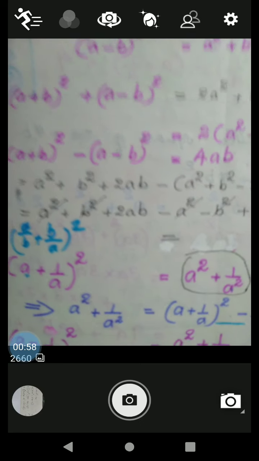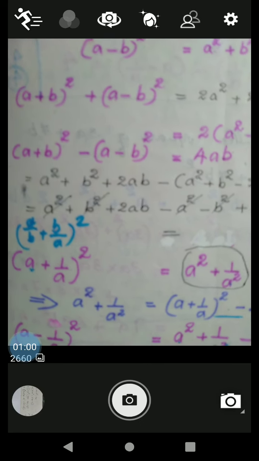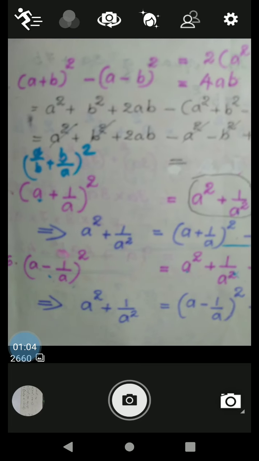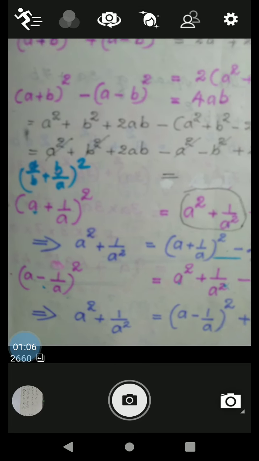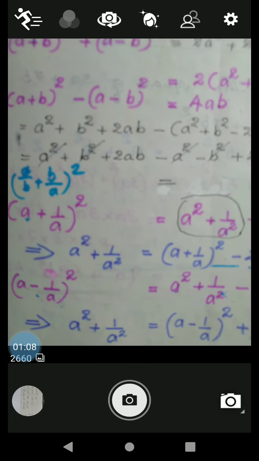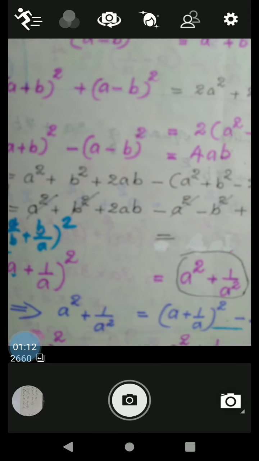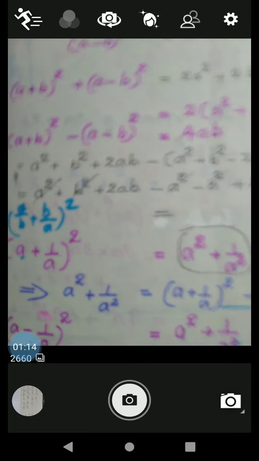Then some more identities we have learned, that is (a plus 1 by a) the whole square, (a minus 1 by a) the whole square, then (a plus b) the whole cube, (a minus b) the whole cube, all these things.